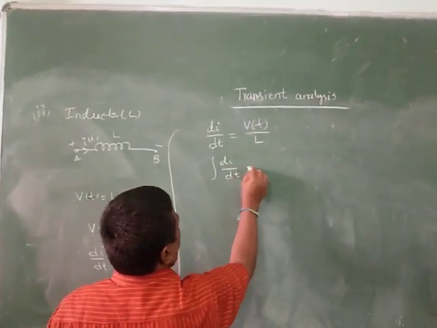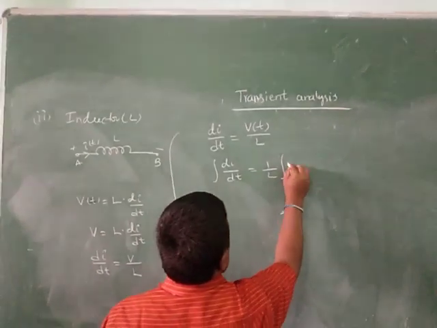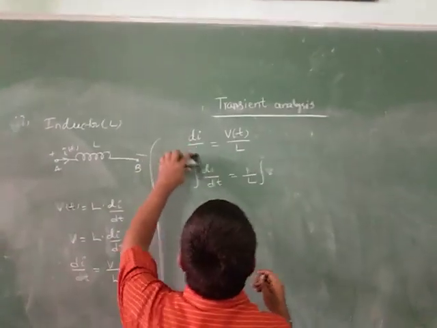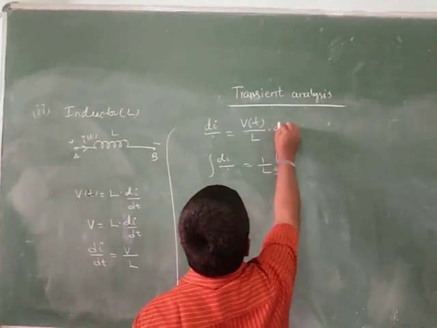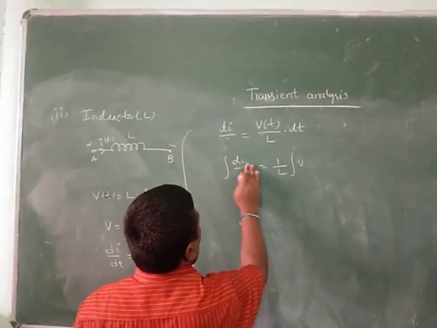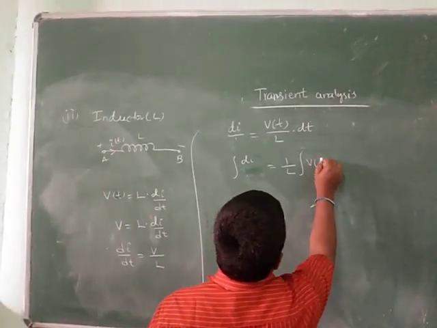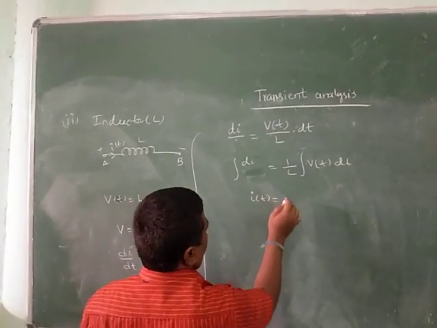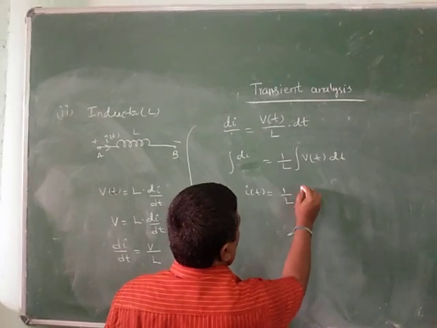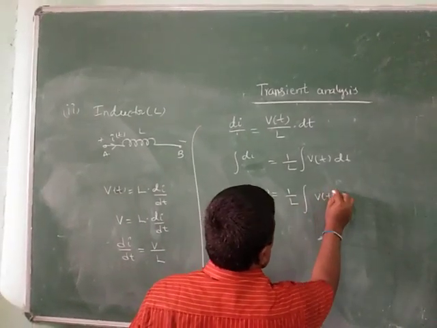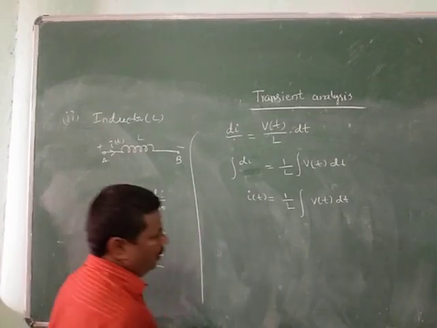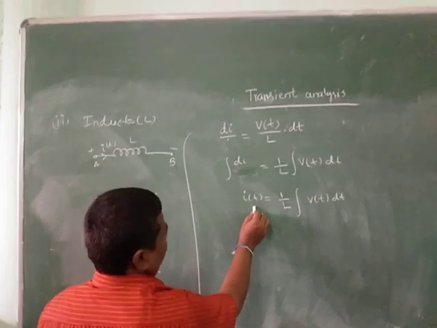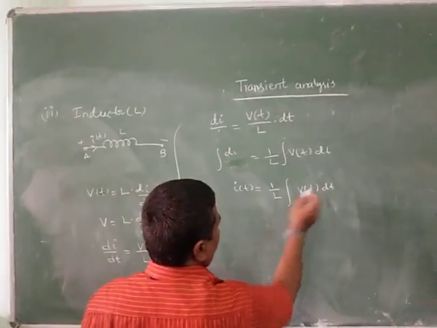Integration of di is equal to 1 by L integration of V of t dt. Now I of t is equal to 1 by L integral V of t dt. So the current in an inductor is 1 by L integral of V of t into dt.